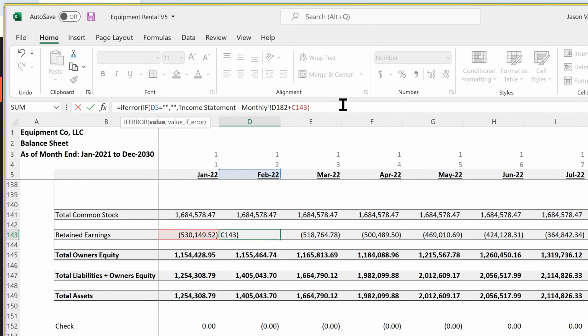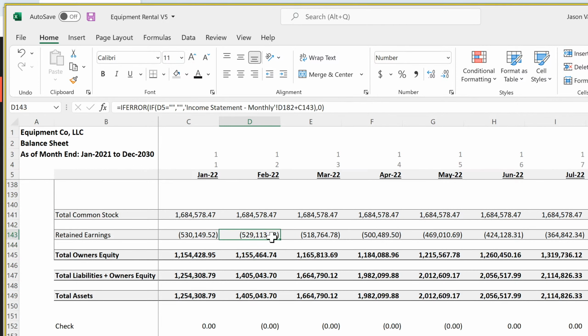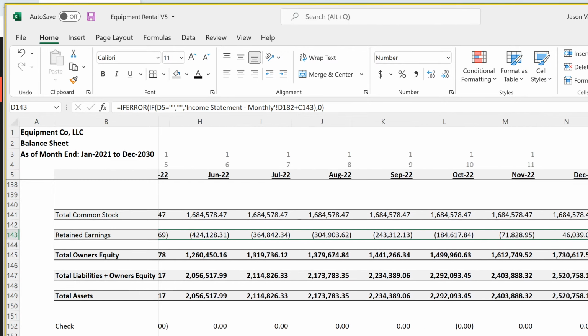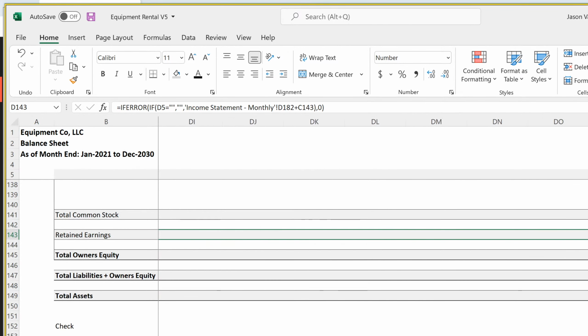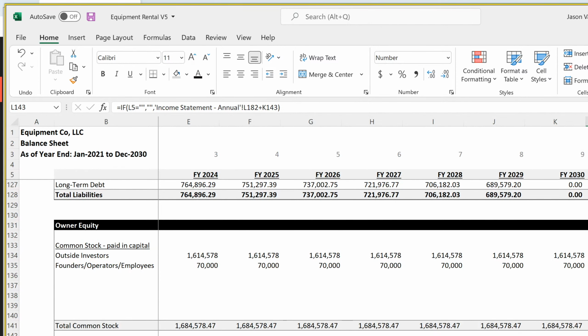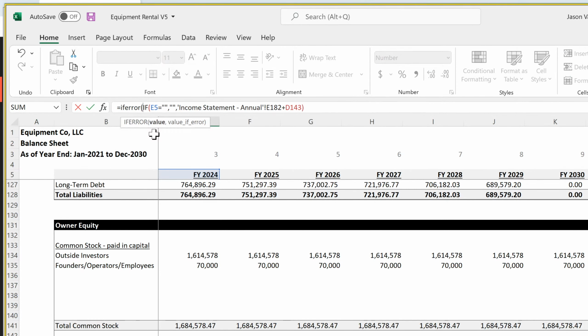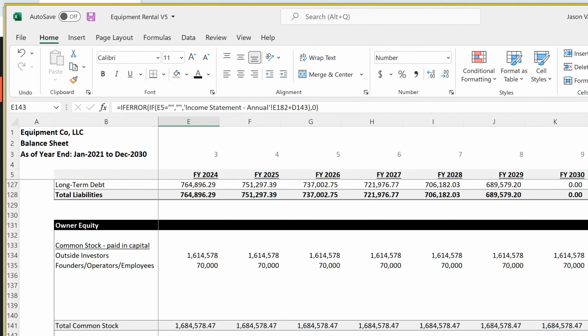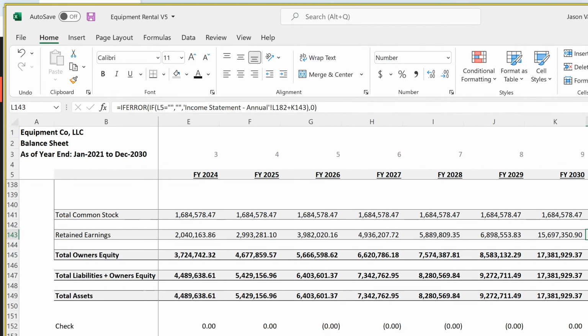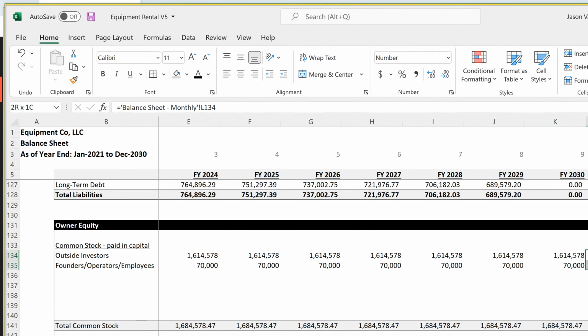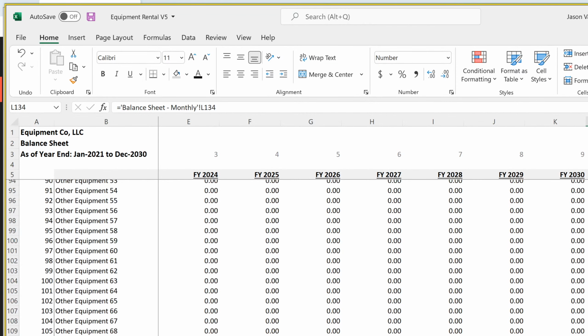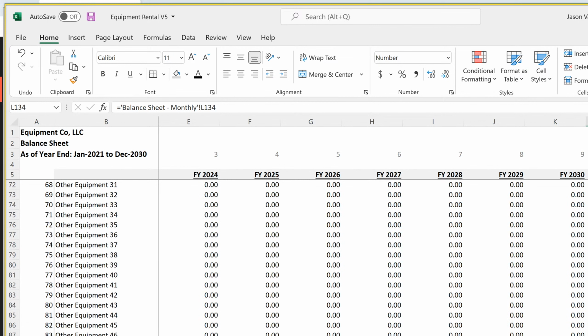Or in that month. 1684. Oh wait, year 10 is non-existent.